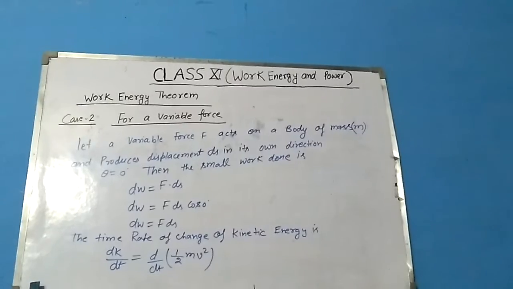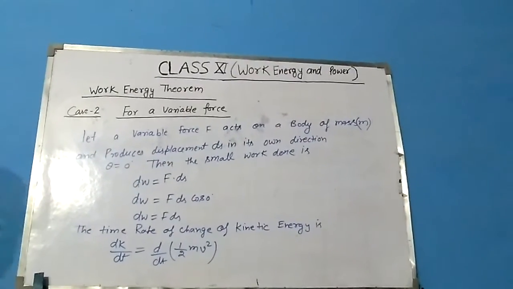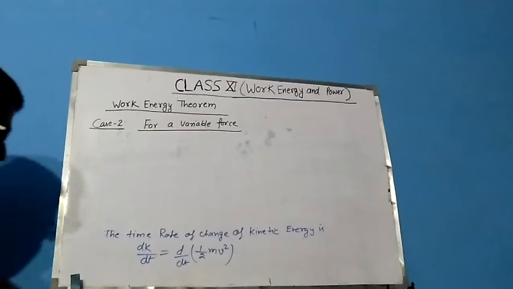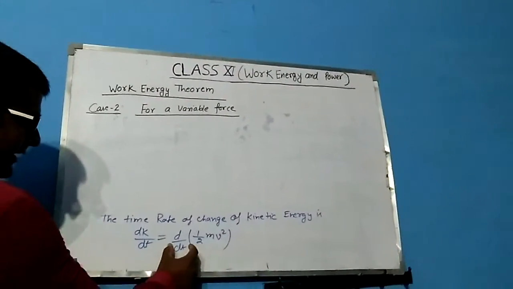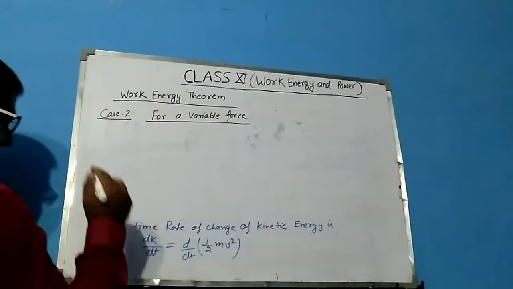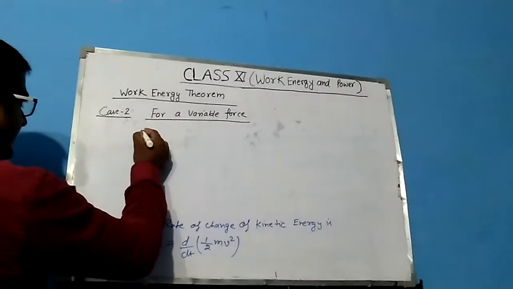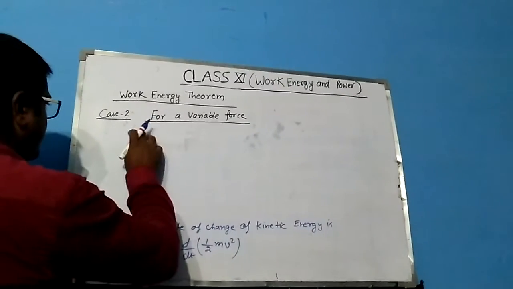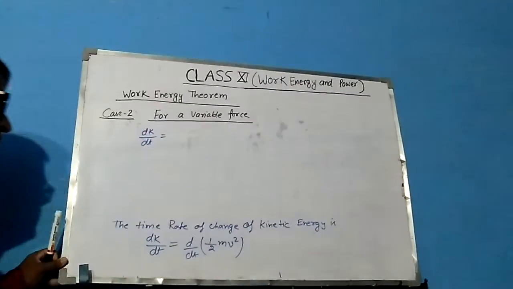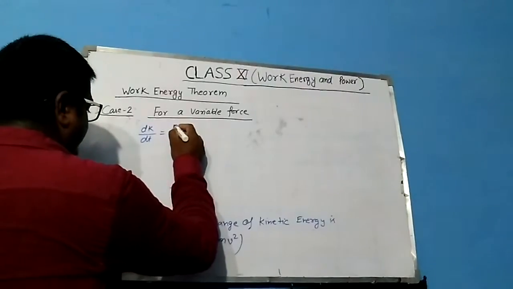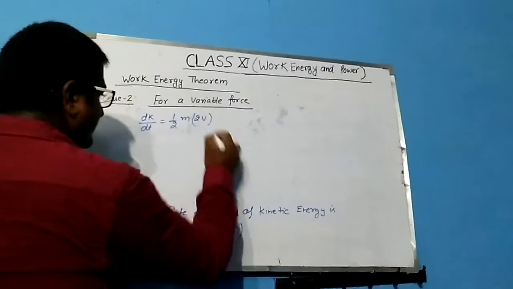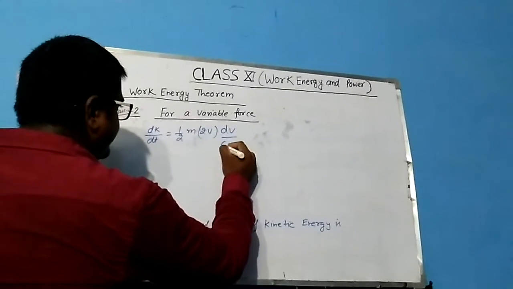Now we have to differentiate it. After differentiating, dK by dt equal to half m, v square differentiation is 2v, and v differentiation is dv by dt.